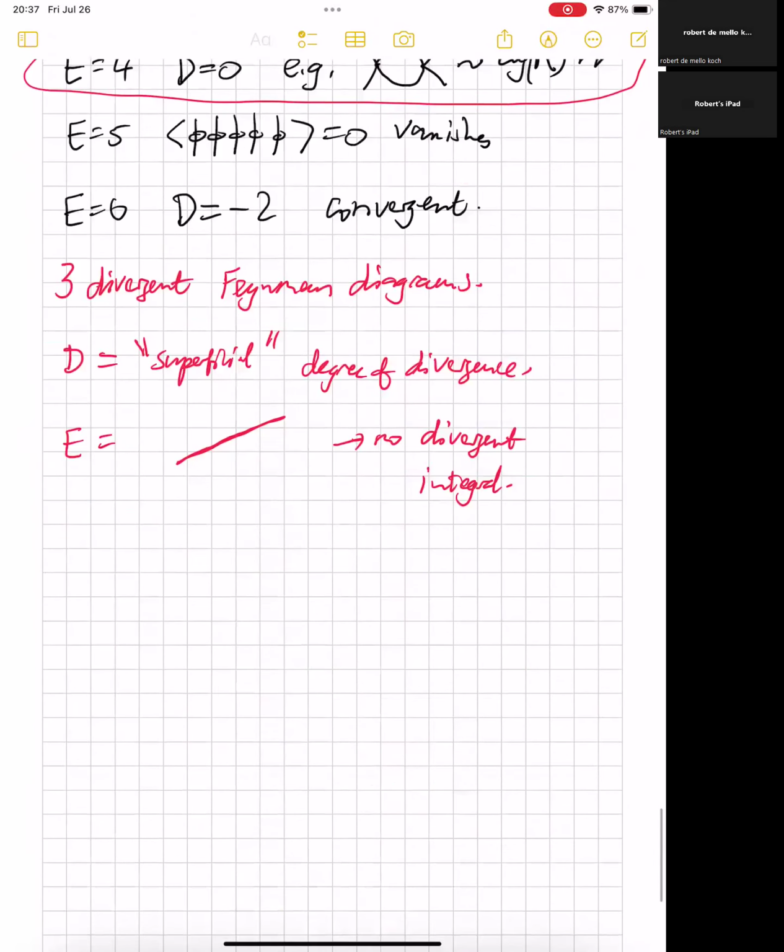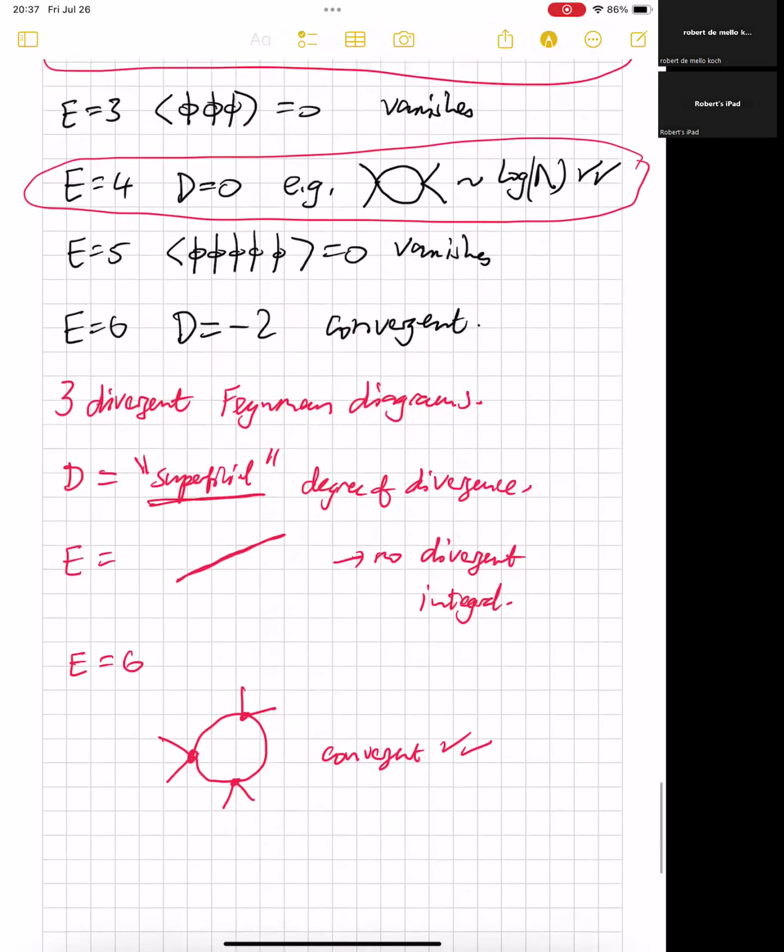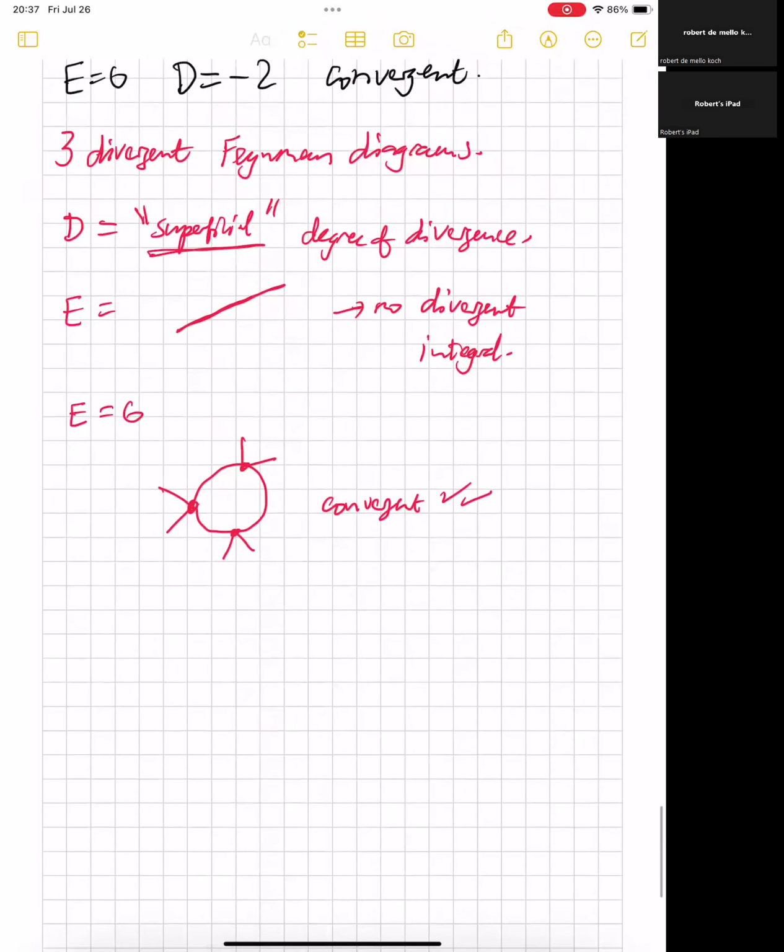Then the second and more important reason why we call this a superficial degree of divergence. If we take a look at E is equal to 6, this is meant to be convergent. And basically it's because this diagram is convergent. So that really is convergent. And it's this diagram that is being picked up in the analysis that we did. But when E is equal to 6, we could also have this kind of a thing. Let's take 2 legs over here.